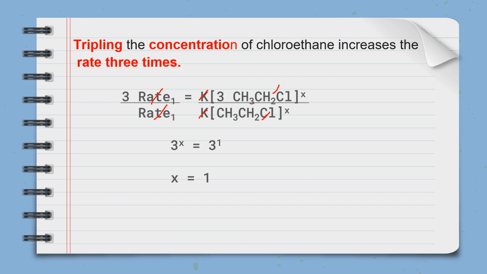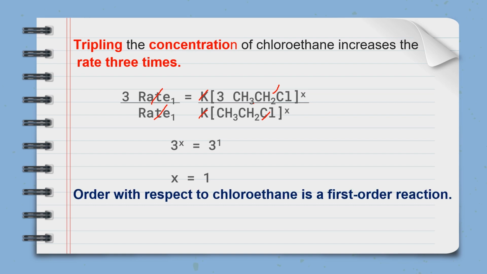So we write that the order with respect to chloroethane is a first order reaction. Then we write the rate law: rate is equal to k times the concentration of the chloroethane. You can either spell out chloroethane or write its molecular formula, it doesn't matter.